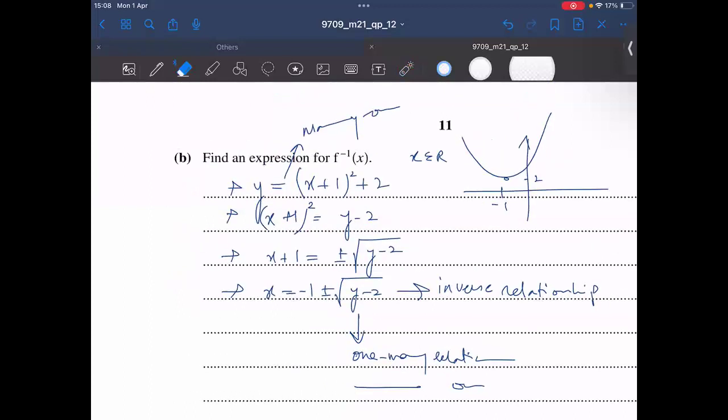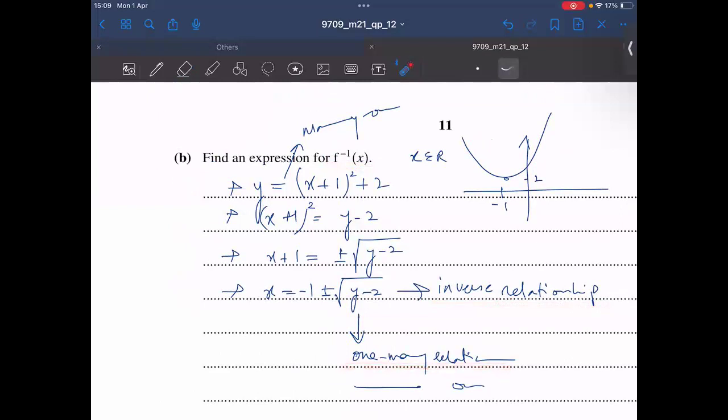Now, how would I have the inverse function of f of x if I have a quadratic function? If I have a quadratic function, the inverse relationship is always going to be of this nature, one-to-many.